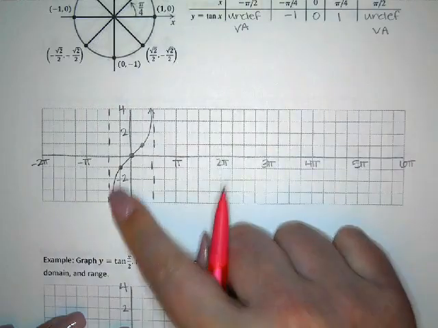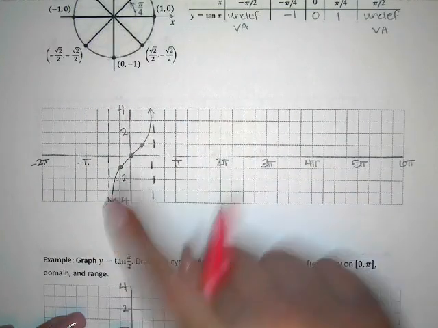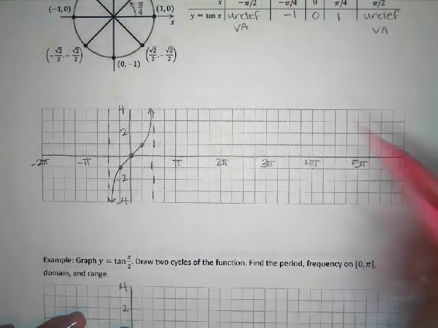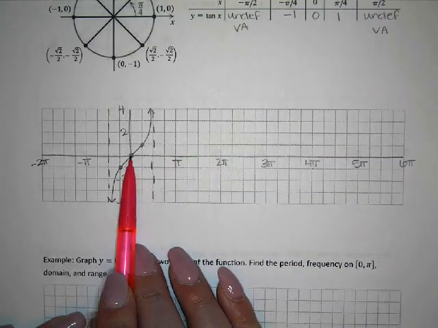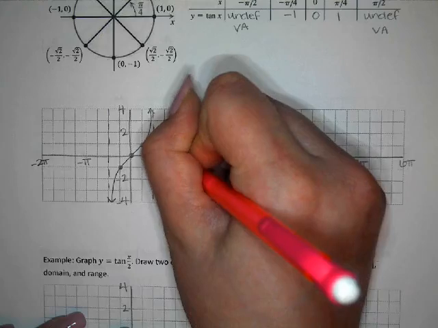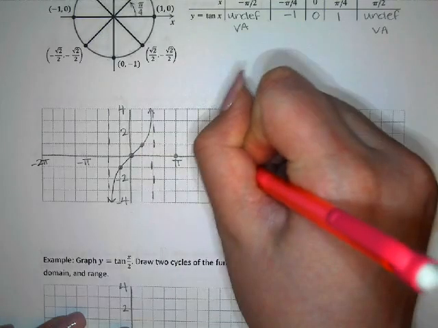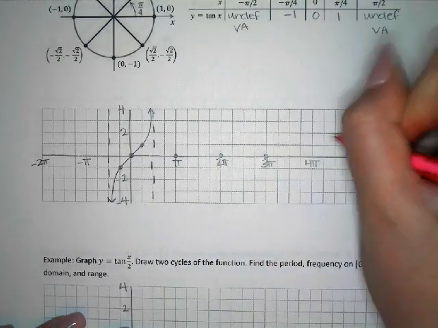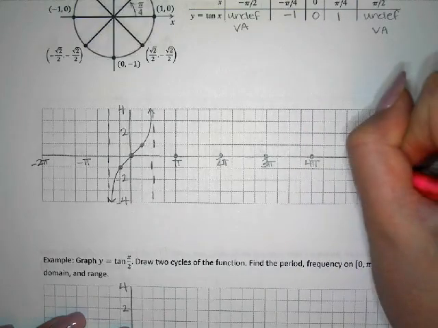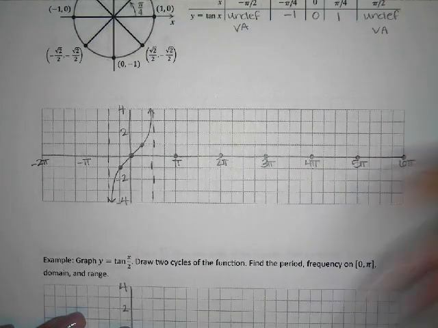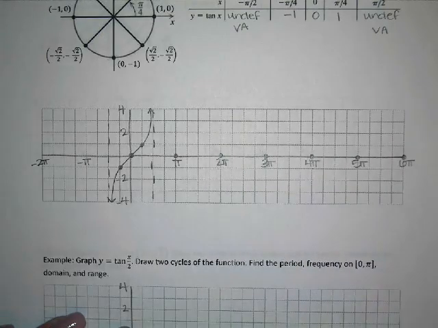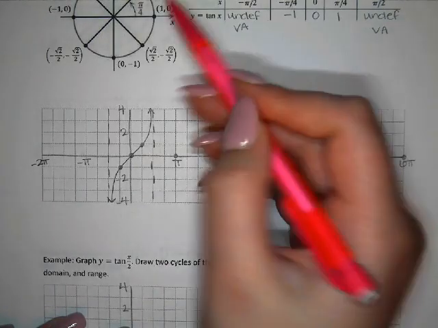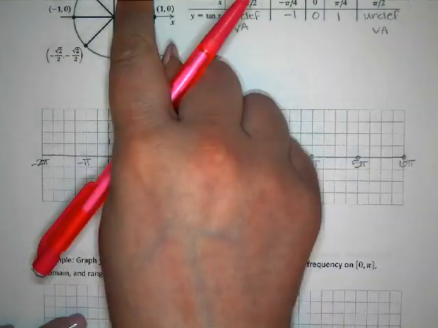So what ends up happening is we have an x-intercept here, and then we have an x-intercept at pi, at 2 pi, at 3 pi, and at 4 pi, and at 5 pi, and at 6 pi. So every pi, we're going to run into the x-intercepts. And I can show you why that is. As we keep doing these points, this is the next fourth, so 1/4, and then this would be 3/4.